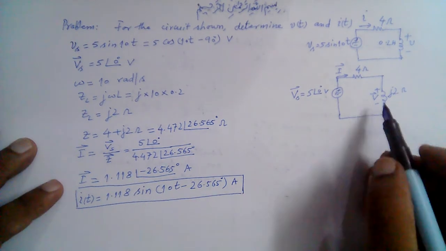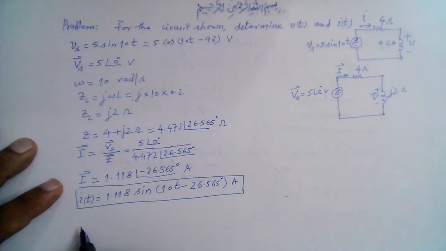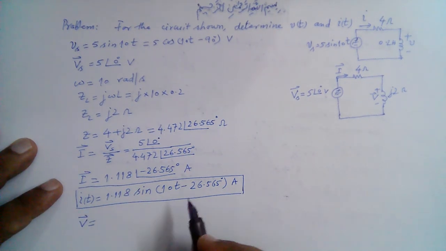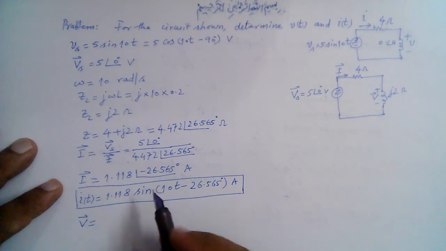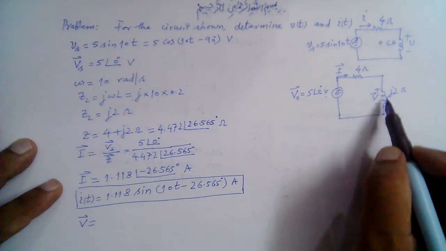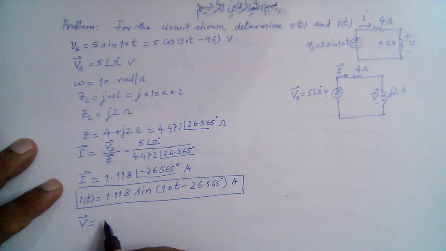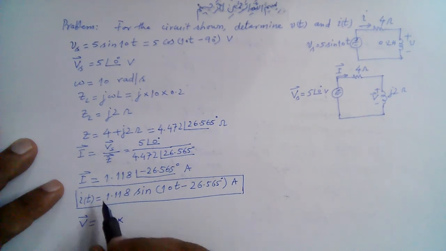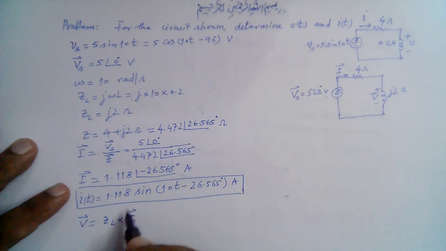Now the voltage here. So voltage is given by this ZL, the impedance of this inductor, multiplied by this current I here, right?